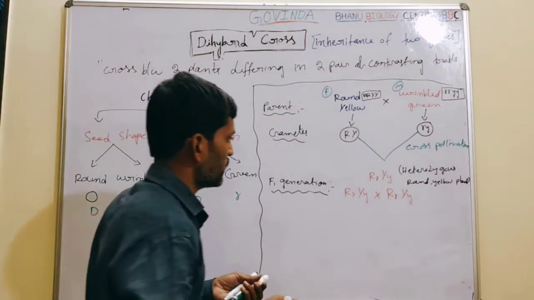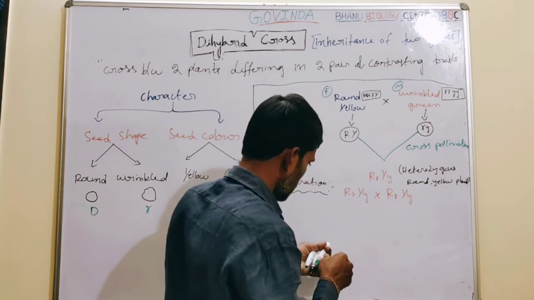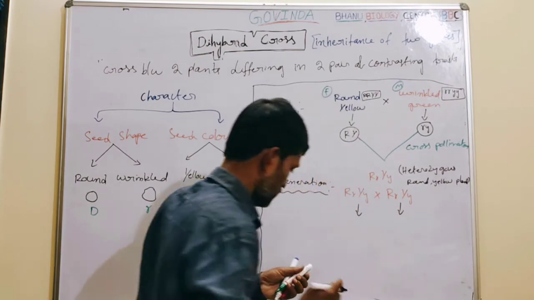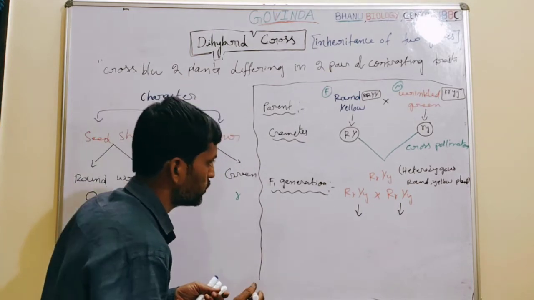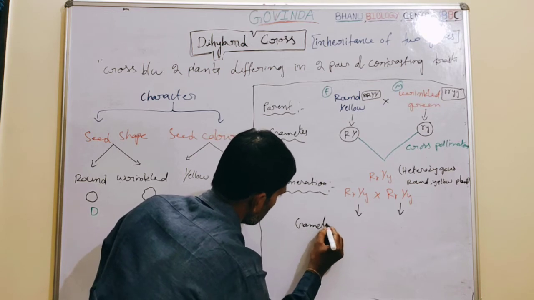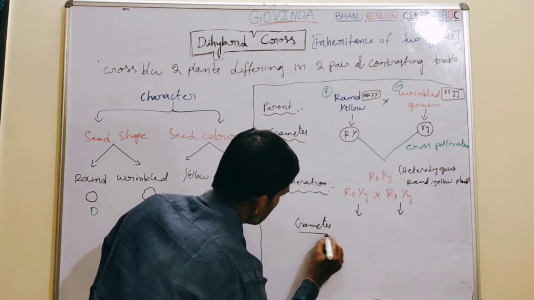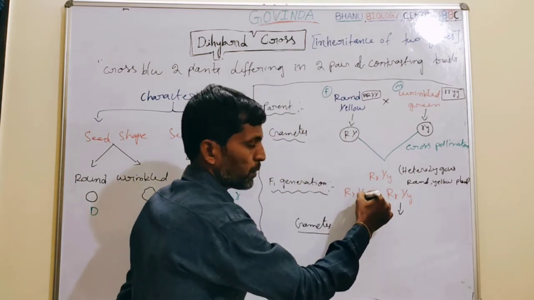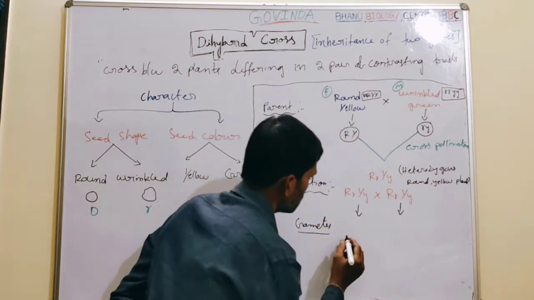Next, write the gametes here. Then it will be easy for you to find out the phenotype and genotype in the F2 generation. Gametes. So each plant produces 4 types of gametes.